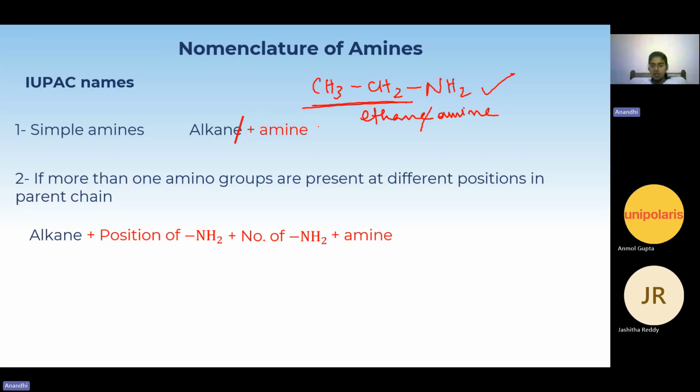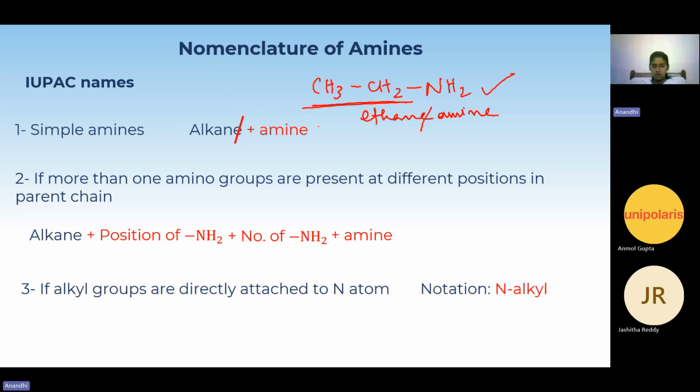Then the third point is if alkyl groups are directly attached to the nitrogen atom, then you have to use the term N-alkyl. For example, CH3 CH2 NH CH3. Here one of the alkyl groups is attached to nitrogen.